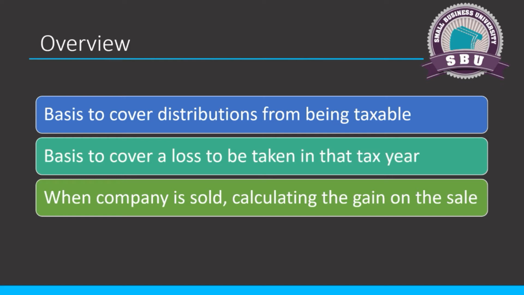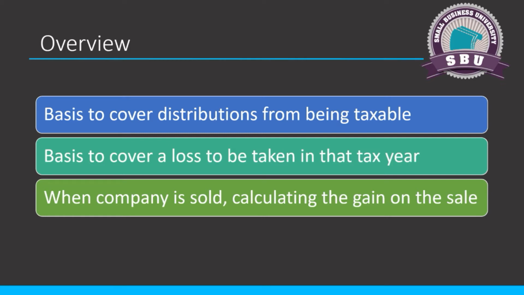This means that if I take money out of the S-Corp in the form of a dividend, a distribution, if I want that to not be taxable, then I need to have basis. Now, this doesn't mean that the taxpayer doesn't pay tax on income. The taxpayer is going to be paying on the net profit, whatever the S corporation is making.